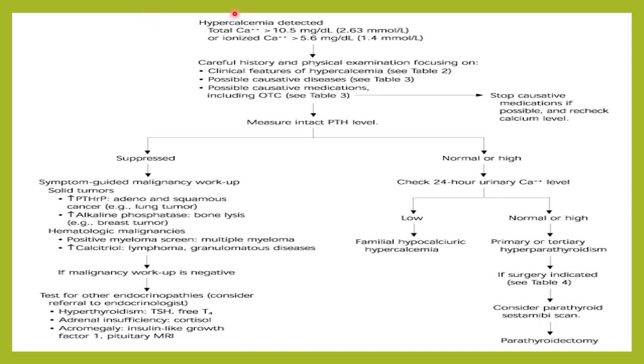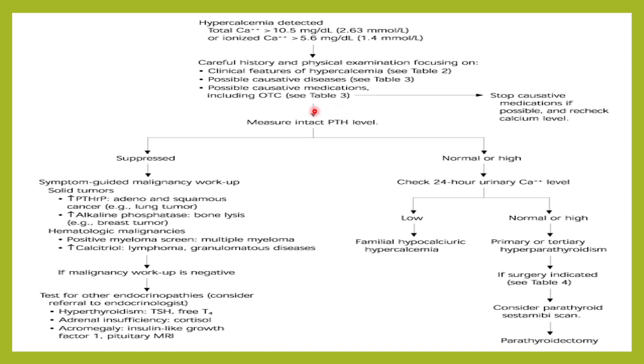Whenever there is hypercalcemia, that is when the total calcium is more than 10.5 milligram per deciliter or more than 2.6 millimoles per liter, or the ionized calcium is more than 5.6 or 6 milligram per deciliter, we will have to carefully take the history and do the physical examination of the patient, focusing on the clinical features, the possible causes which we discussed, and whether the patient is on any kind of medication that is causing hypercalcemia, etc.